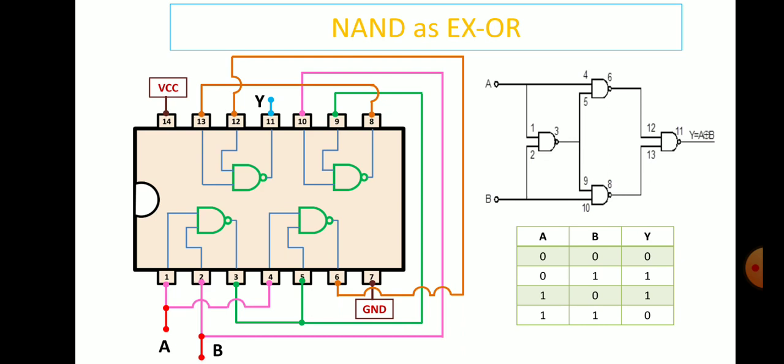So A0 B0 gives output Y as 0. A1 B1 gives Y as 0 again. If A is 0 and B is 1, the output is 1. If A is 1 and B is 0, the output is also 1. This is the truth table for the XOR gate.